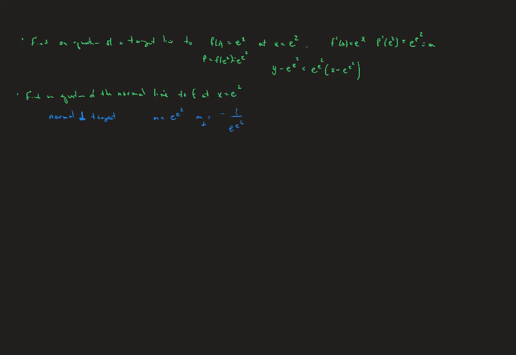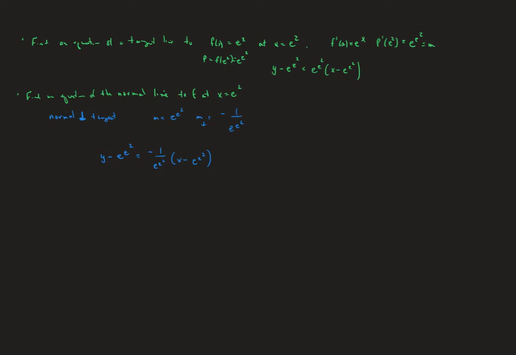It's the negative reciprocal. So our normal line is going to be at that same point, y minus e to the second equals the slope, which in the case of the normal is going to be negative 1 over e to the second, times x minus that. So anyway, that's our normal line.